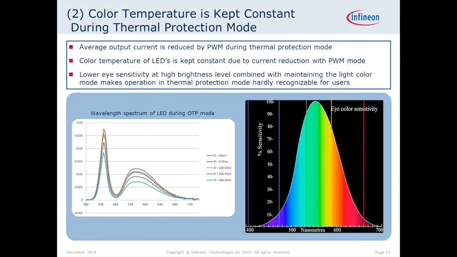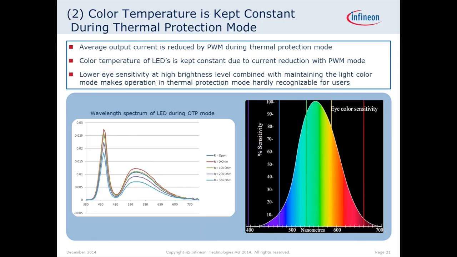What happens is, as I mentioned in the beginning part of my presentation, if we have only a few thermal peaks during the year, the very likely case is that the end user will not even recognize that the LED driver ICs are in thermal protection mode, because they reduce the current slightly and smoothly in a slope mode, which again reduces the thermal load.